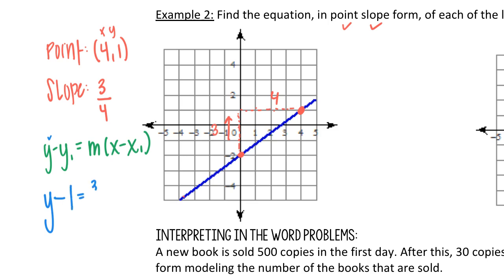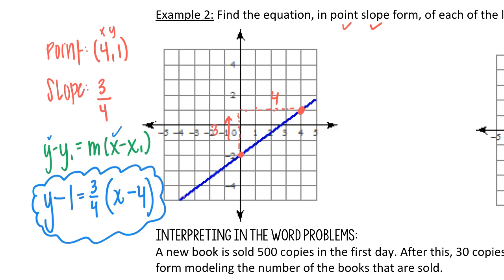The slope goes next, 3/4, times the quantity of x, which just stays x, minus your x value, 4. Notice how, if we were going to actually use this equation to graph the line, we would take out the point +4, +1, and our slope would be 3/4.